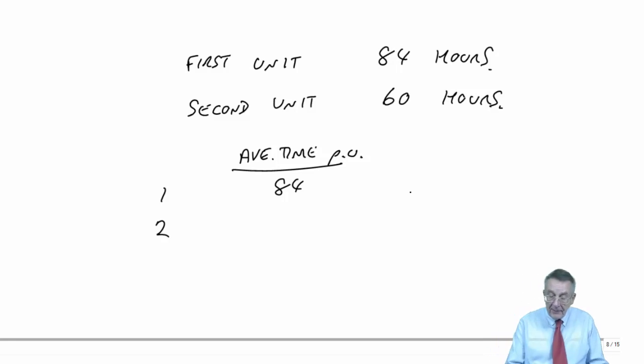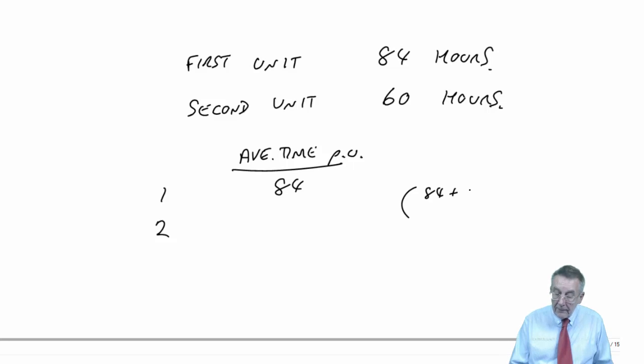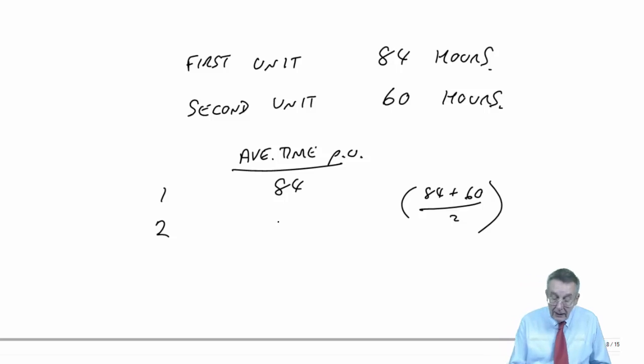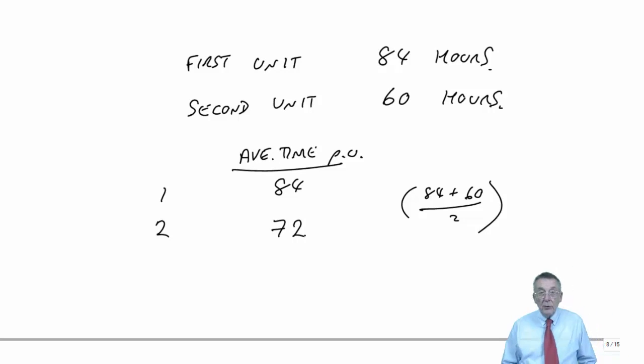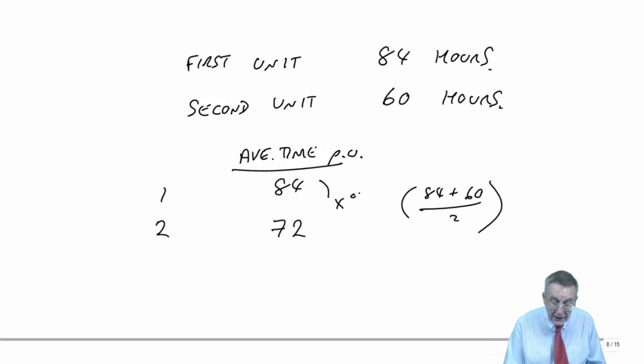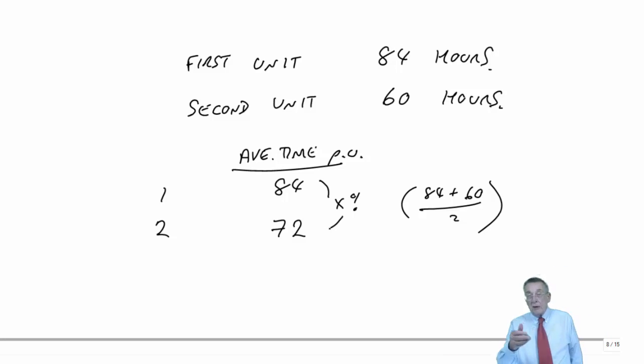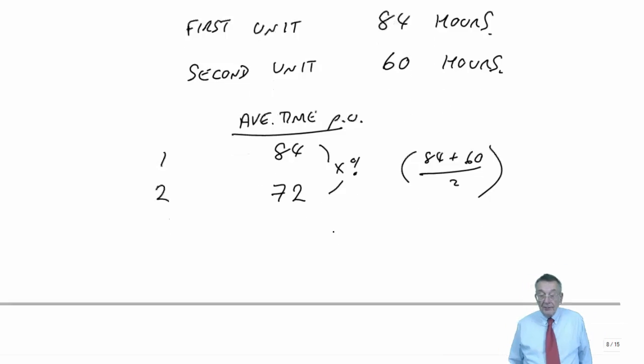The first took 84, the second took 60, so on average, 84 plus 60 over 2, the average time falls to 72 hours. And it's the average time per unit that falls by this fixed percentage.